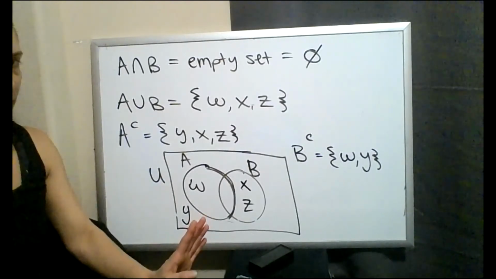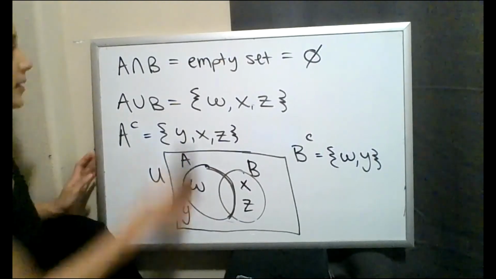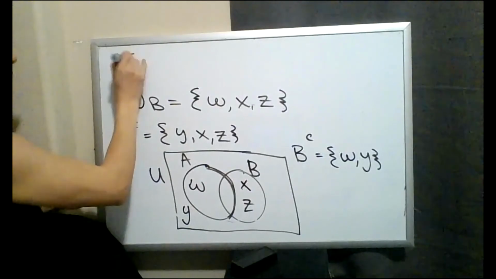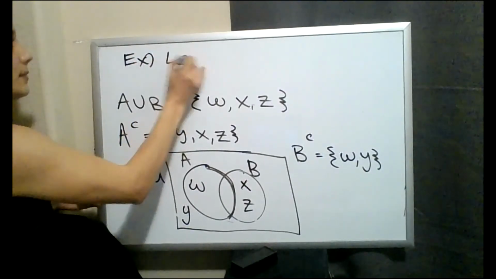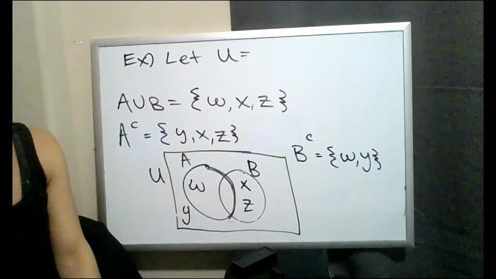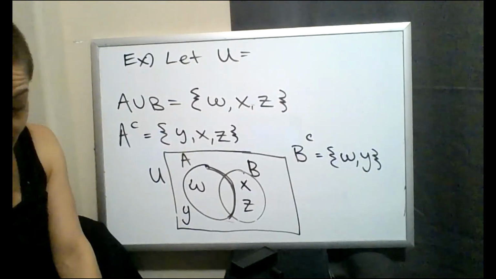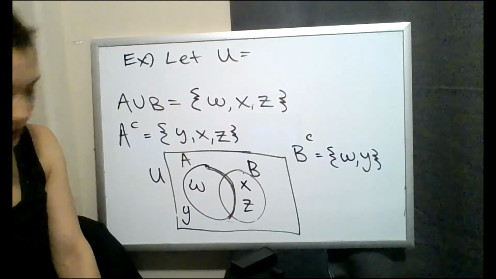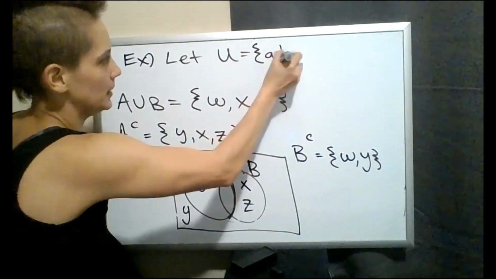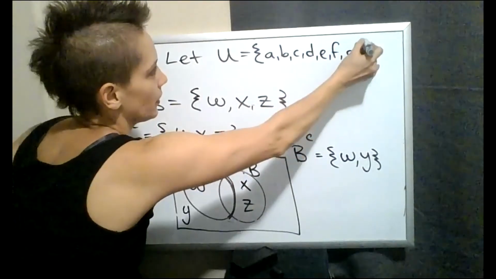So still working with letters. We have a new universe. It's got A, B, C, D, E, F, G. Start your set, you put in your elements, and then you close the set.